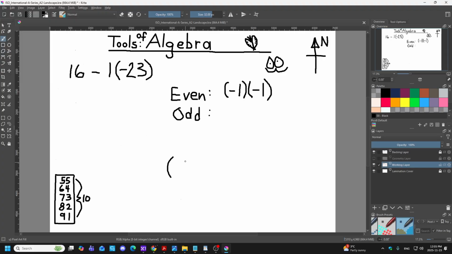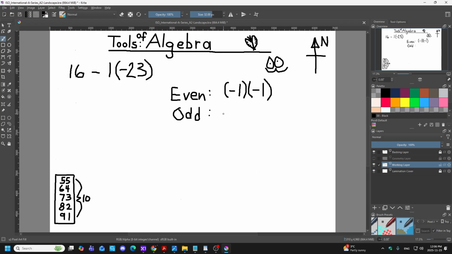Now remember, if you have two parentheses beside each other, like so, let's say we had x and y, for example. It always infers or implies multiplication, okay? So multiplication. Right? Okay, let me clean that up.